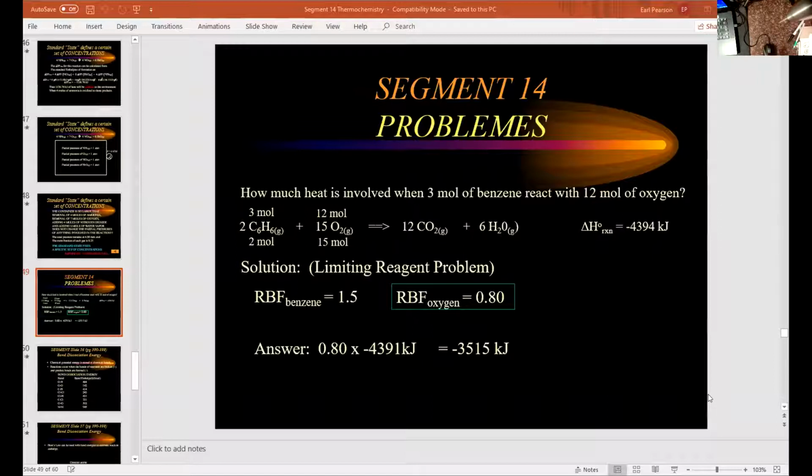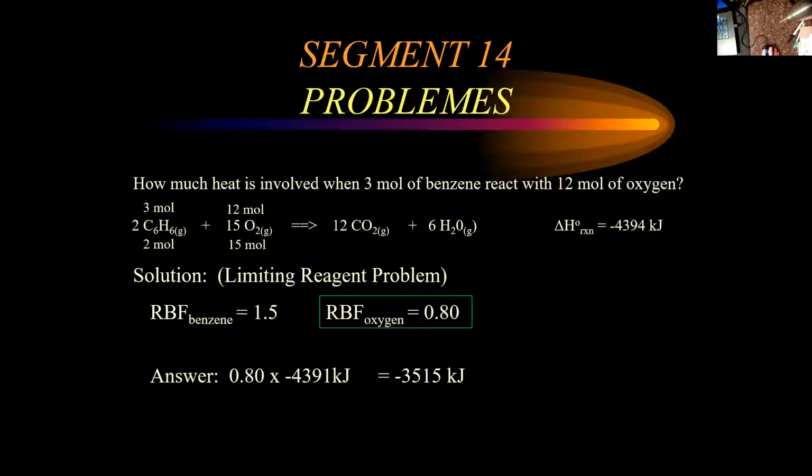Okay, what we're going to do right now is look at actually fairly easy stoichiometry problems. If you've got a reaction such as this one, the combustion of a compound called benzene, C6H6, to make carbon dioxide and water, and suppose we want to know how much heat is involved when 3 moles of benzene react with 12 moles of oxygen, we're going to work it just like we've always worked them.